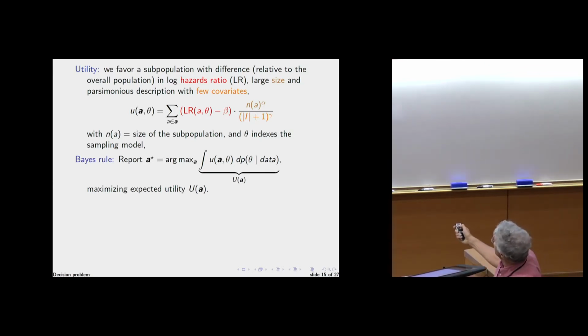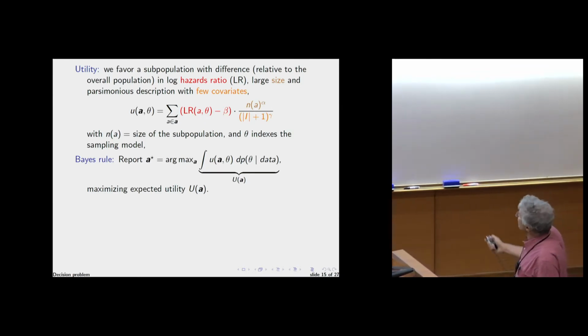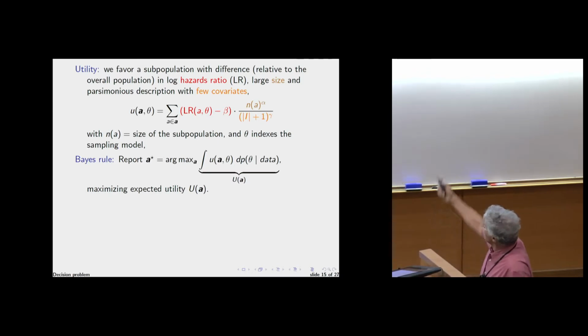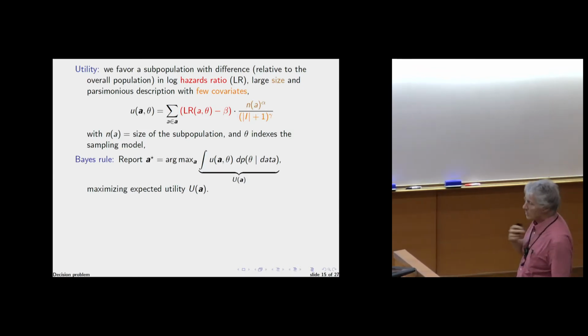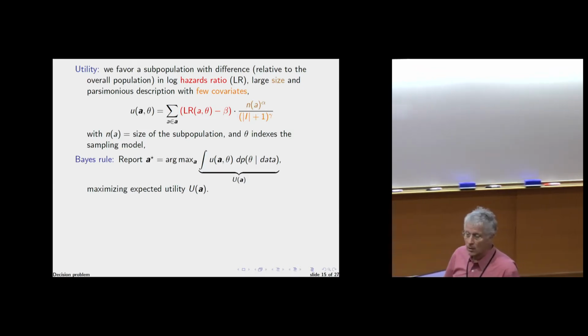The criterion includes unknown parameters. Those are parameters that feature in the sampling model. So what we have to do is average with respect to those, and then you get the criterion in expectation. If we call the criterion utility, then this becomes the expected utility, and I think that was exactly what we saw before. So alpha and gamma tuning parameters? Yes.